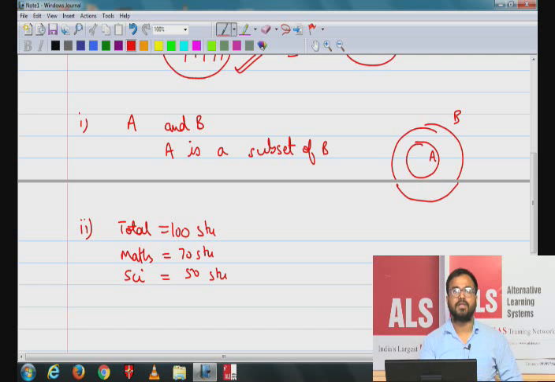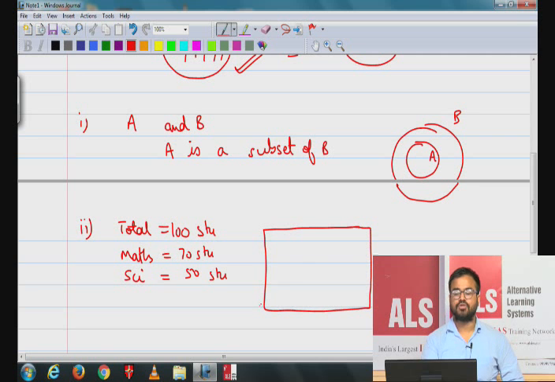So how can we draw that diagram? That is represented by the intersection of the circles. Generally the universal set, which we have studied, is denoted by a rectangle which represents all the students in the class, let's say 100 students. Circle 1 and circle 2 should both be intersecting circles.